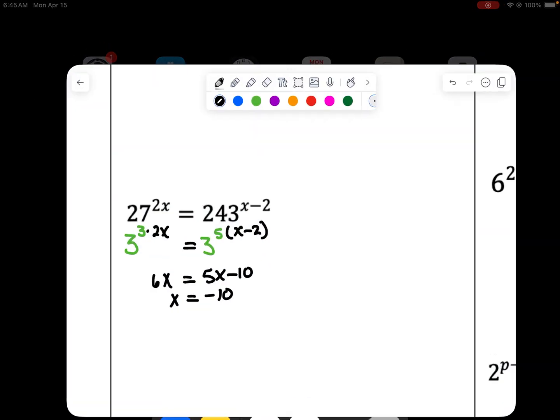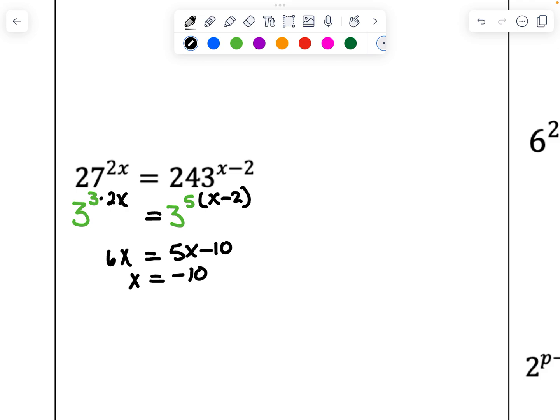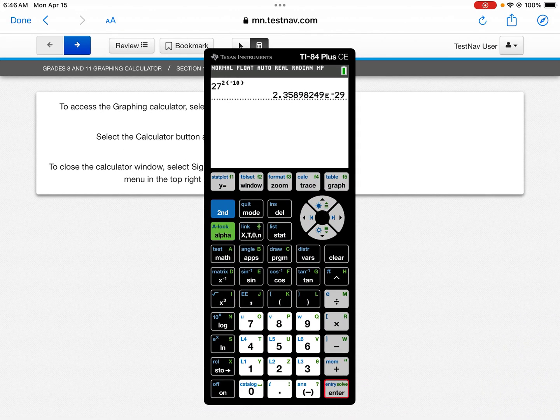And the other one is 243 to the negative 10 minus 12. That would be 243 raised to the negative 22nd.